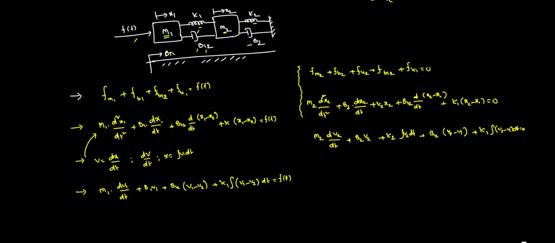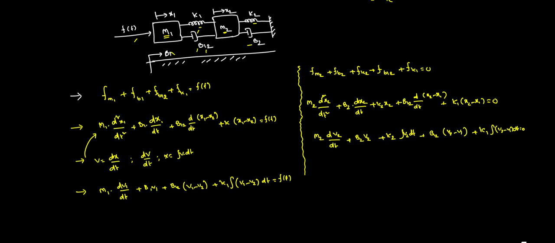Now how do we convert the given mechanical system into the analogous force voltage system? The important thing that you need to bring to your mind is, here there are two masses, that means two nodes will come into the picture.